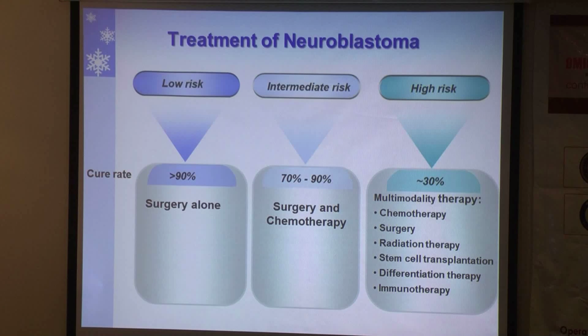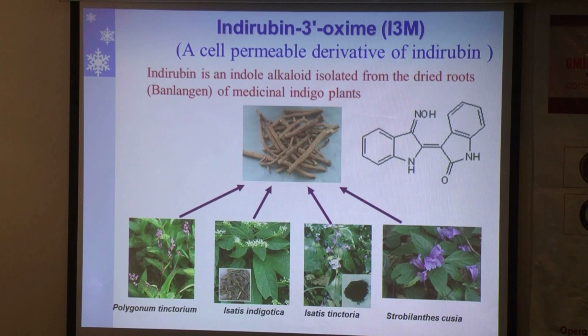However, for the high-risk type, which will be the focus of this study, despite multi-modality therapy using different treatments, the cure rate is only about 30%. So there's a pressing, urgent need to look for alternatives which can deal with high-risk neuroblastoma. And this sets the stage for our research.